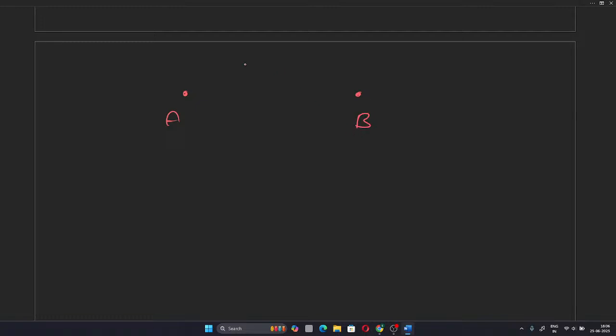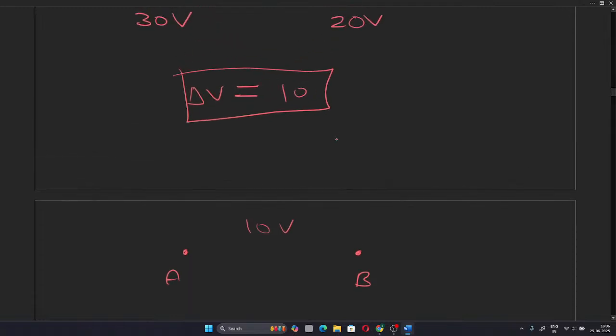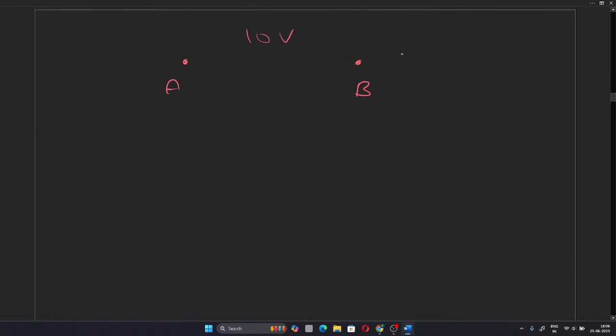We know that the potential difference between points A and B is 10 volt. So at this point the actual potential is 20 volt, but let's assume it is 0 volt. We don't know, and we took it as 0 volt. If the potential difference is 0 here, then at point A it will automatically be 10 volt.